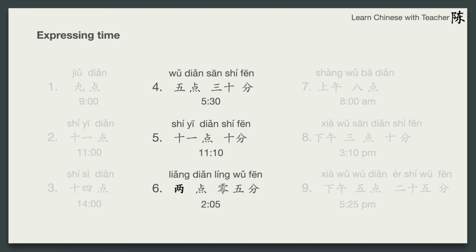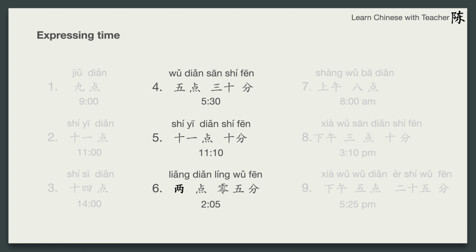There is a special point here. When the hour is 2, like in the sixth one, we don't say 二点, we say 两点. Actually, whenever you mention the quantity of something and the quantity is 2, you should say 两 plus measure word.